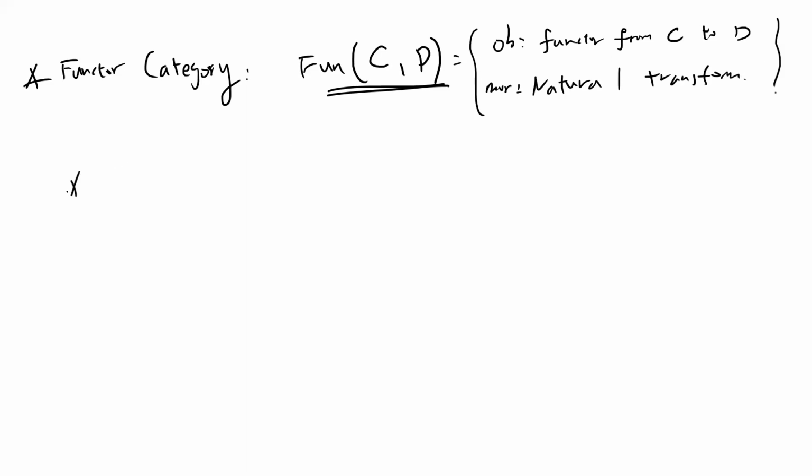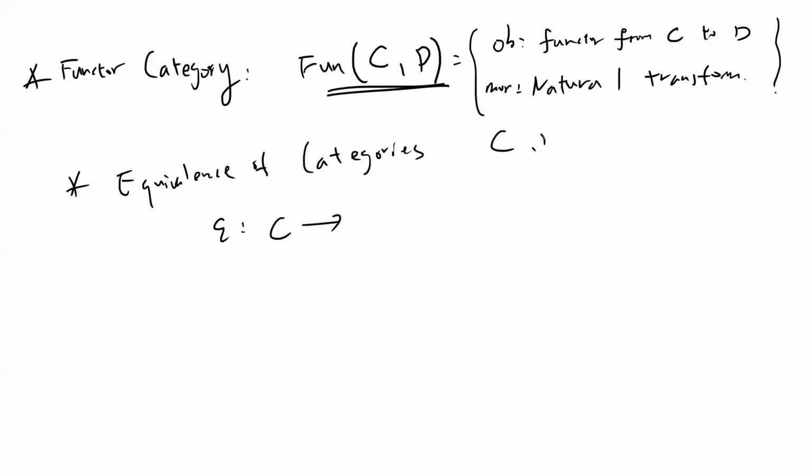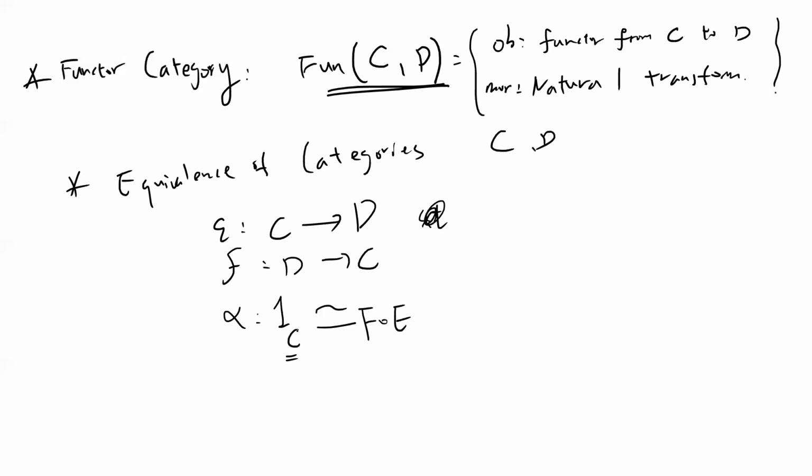So finally, let's give the definition called the equivalence of categories. If you have categories C and D, equivalence means that you can find at least a pair of functors, one from C to D, called F, and one from D to C, called E, and also a natural transformation called alpha, which maps the identity functor to the composition of E and F. So basically it's a generalization of isomorphism of categories.